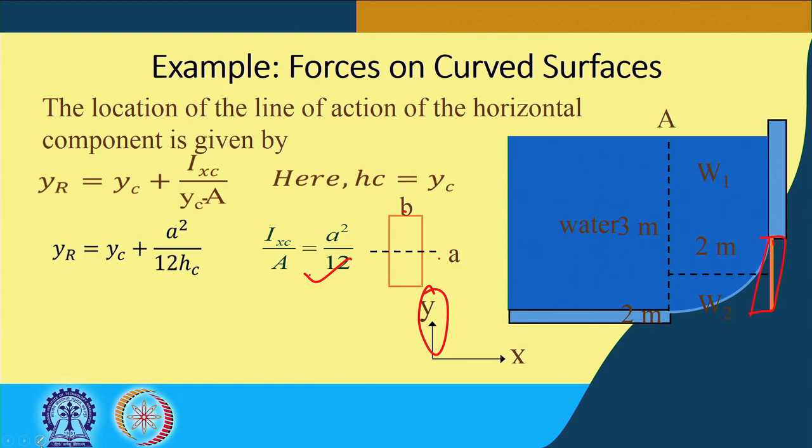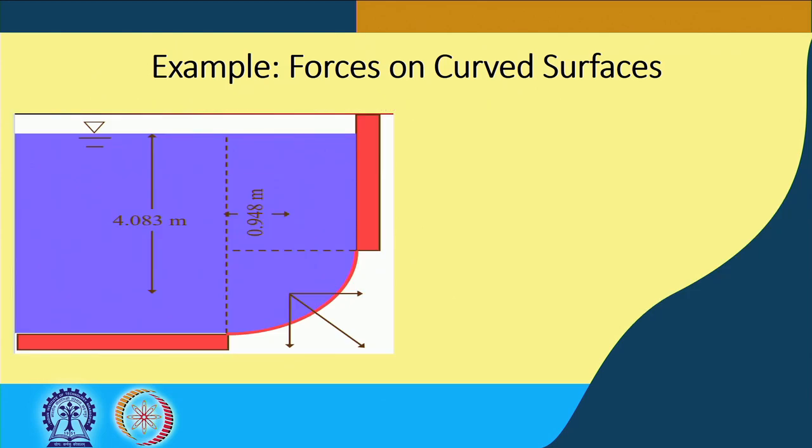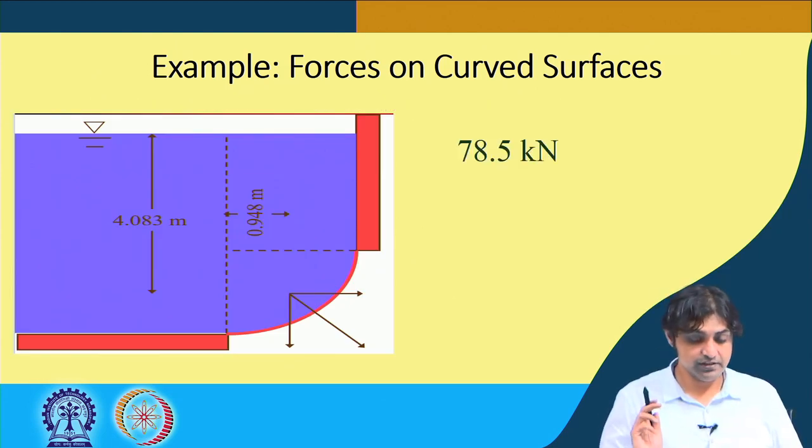So HC is going to be 3 meter plus 1 meter, so that is 4 meter. So YR is YC plus 0.083 using this calculation.